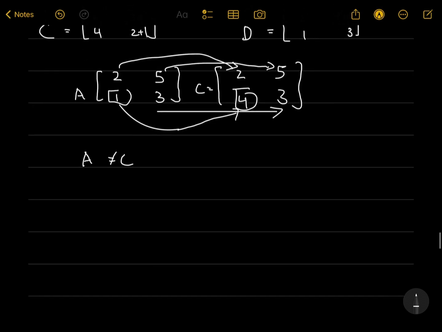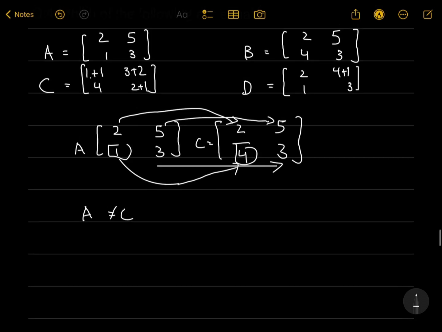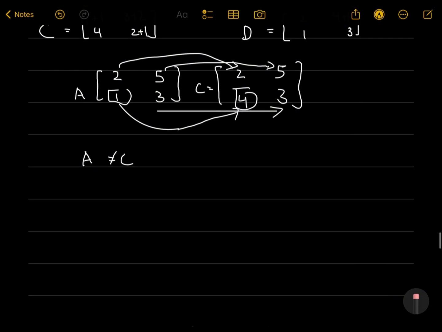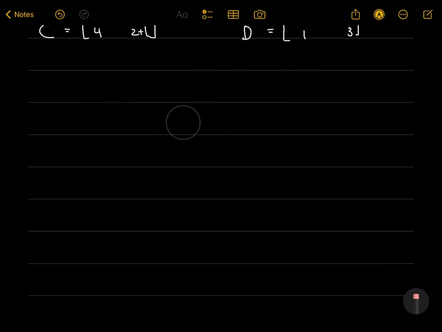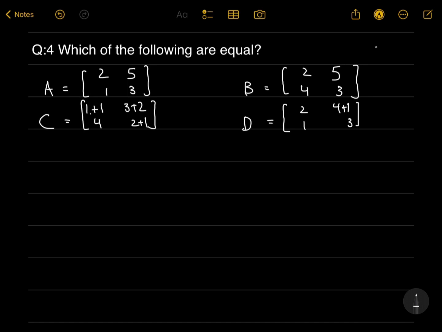Let's match it with the other matrix, matrix D. Let me erase these. Matrix A is 2, 5, 1, 3.